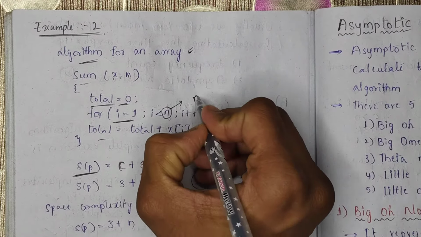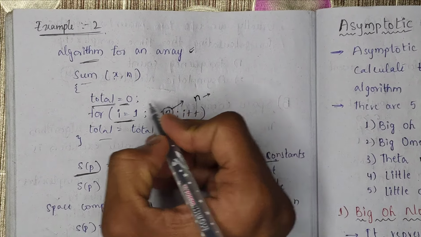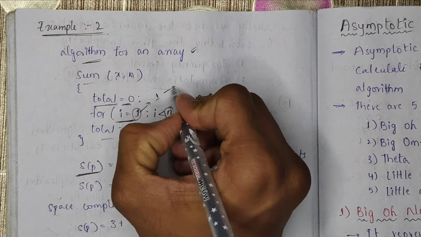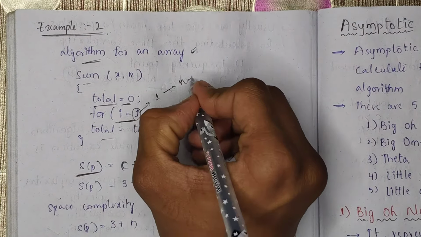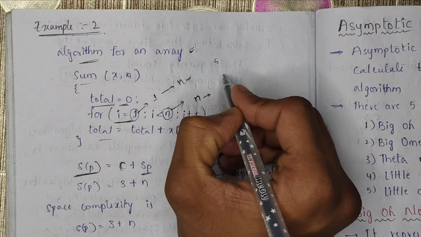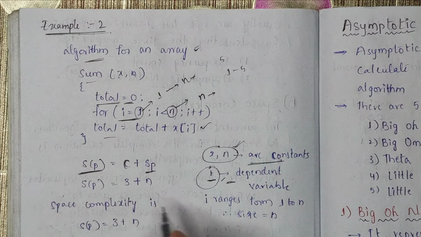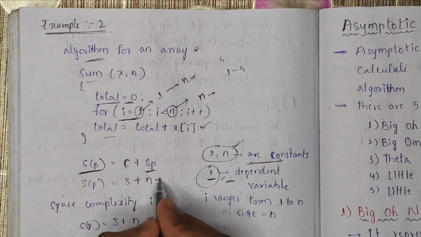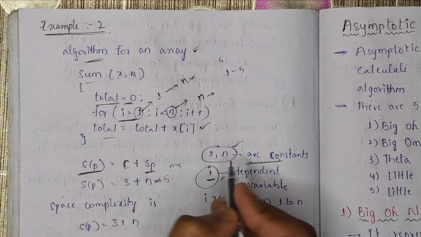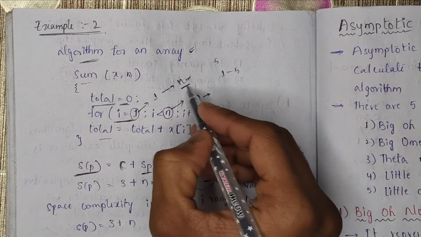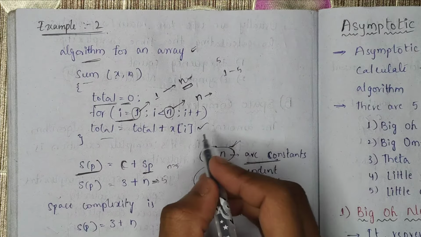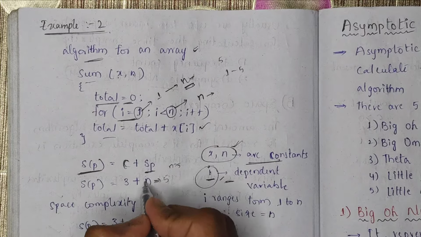If n value is 5, the range of I is from 1 to 5, and we can easily write n equals 5. But there is no particular end value given to n, so we need to consider it as n.